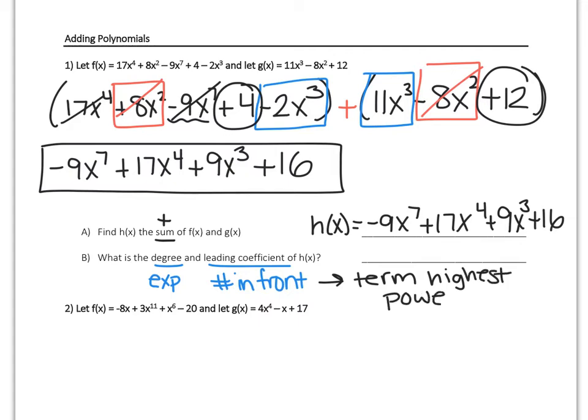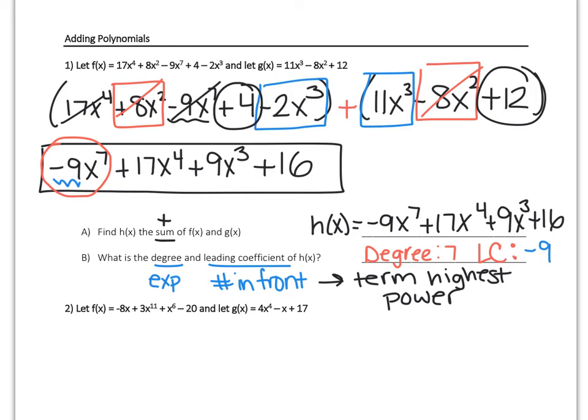So, the term that has the highest power is negative 9x to the 7th. The power, the 7, is the degree. So degree is 7, and I'm going to abbreviate leading coefficient as LC, and my leading coefficient is the number in front, which is negative 9.